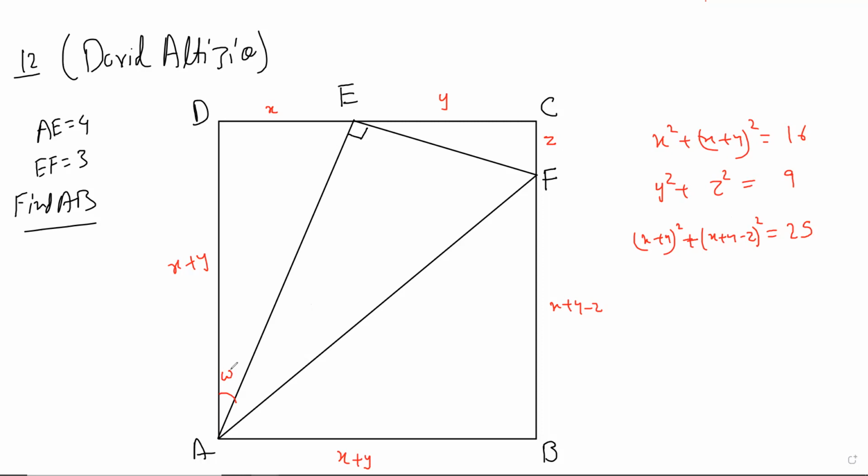And because D, E, C are collinear, angle CEF will be W again. Yes, that's right. So those are similar triangles. So that takes care of the Z.